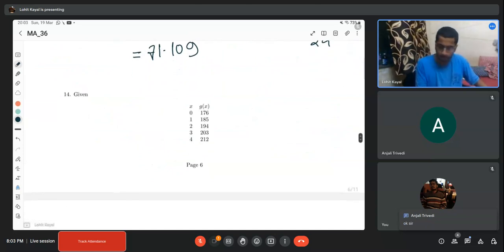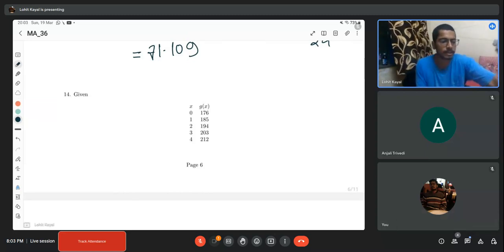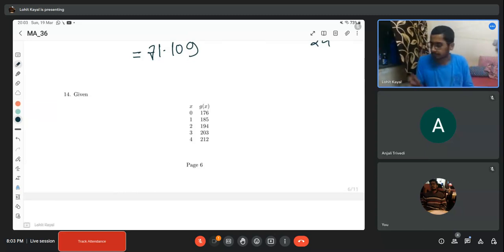Now I need to construct a difference table for this data set.